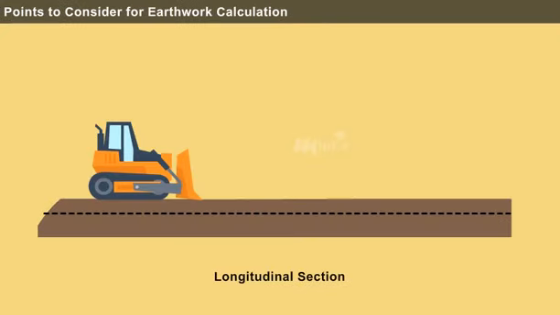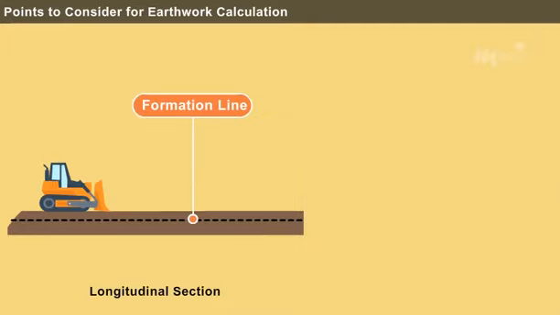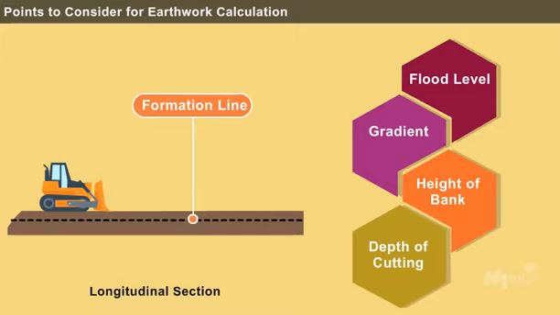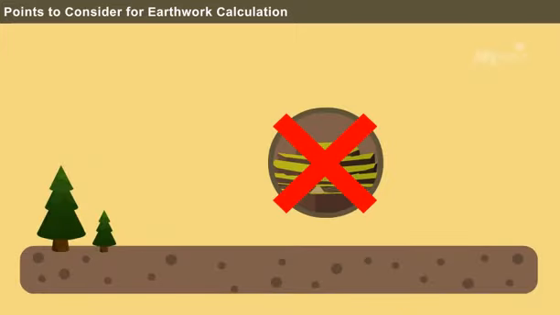Generally, the earthwork in the road is calculated along the fixed formation line by considering the longitudinal and cross-section of the ground. Also, the formation line is fixed by considering the flood level, gradient, height of the bank, depth of the cutting, etc. In plains, there is no cross slope as the ground is flat.